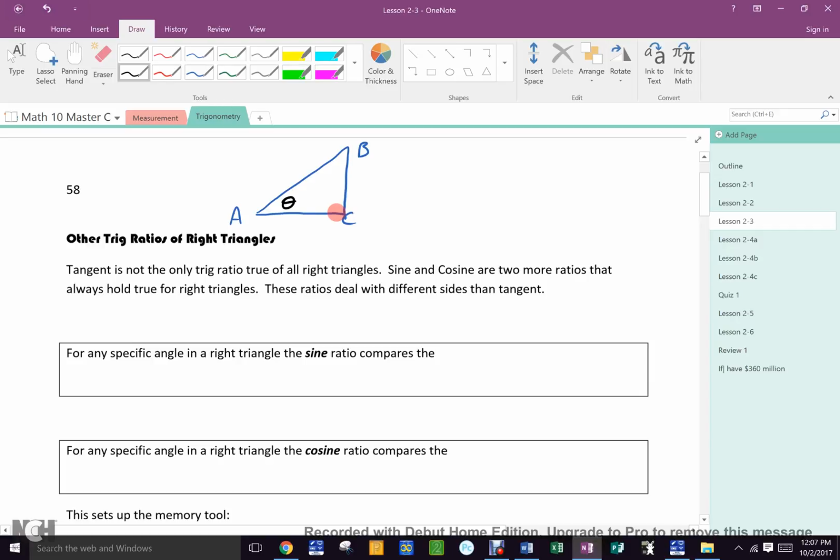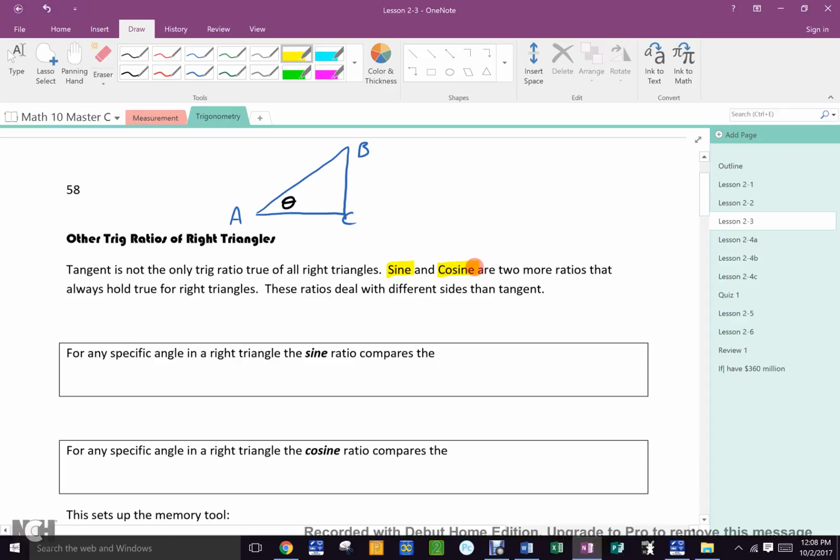Indeed, there are. The next two are the sine and the cosine. The sine and the cosine are the names of the ratios. Your calculator buttons are tiny. They do not have enough room to write cosine or tangent.